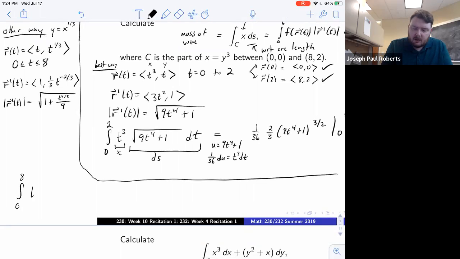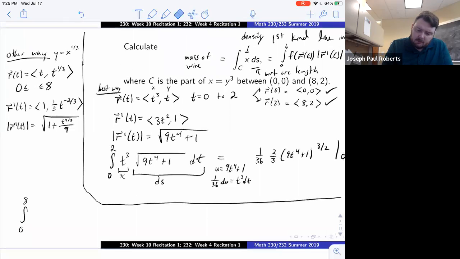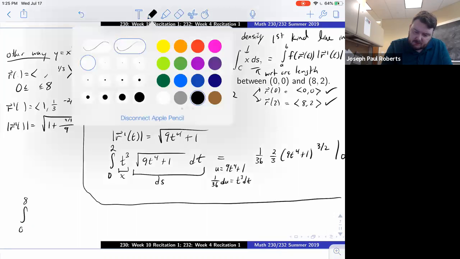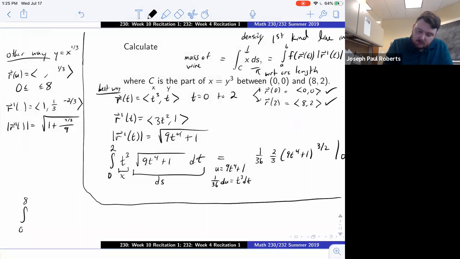Well, I'm going to use a different variable here. The name of the integration variable isn't important. So let's do everything in terms of u. Let's name the parameter u, because again, the name of this integration variable is not important at all.